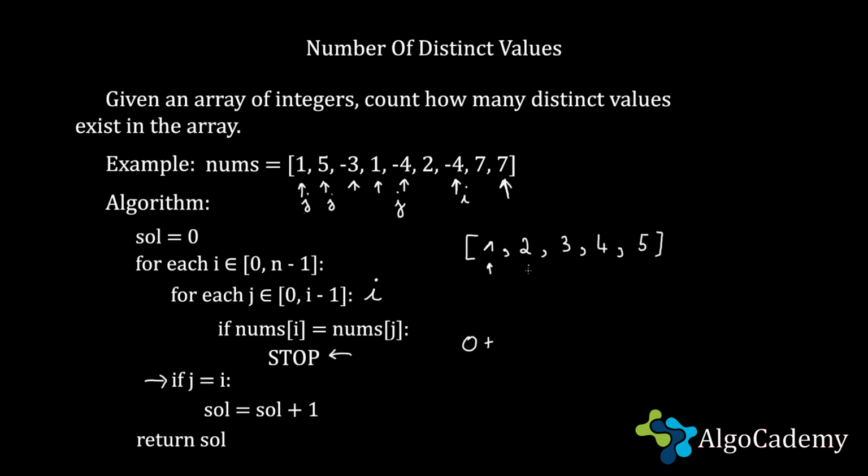Plus, when I equals 1, so the second time we enter the for loop, we are going to iterate through each and every element on its left. Only one of them. Plus, next time, when I equals 2, because all the elements are distinct, we are in fact going to iterate through each and every one of them, because we never stop, right? So again, I have 2 operations.